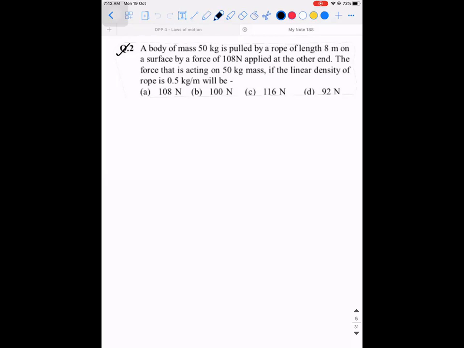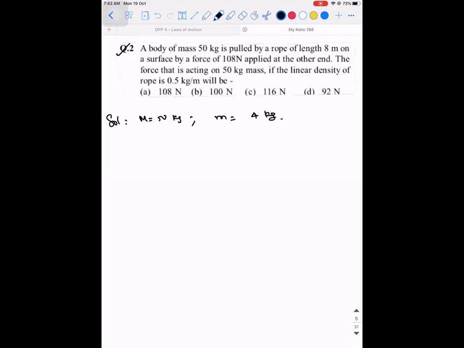But what are they asking? So is it 100 Newton?